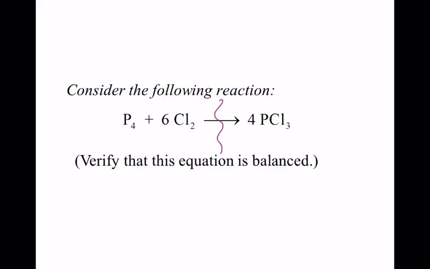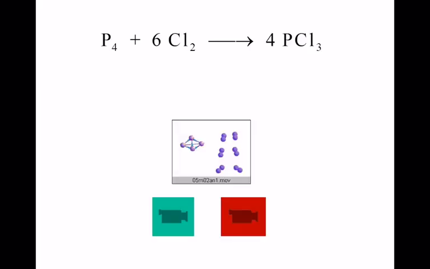If we look on either side of the reaction arrow, if you count P's and Cl's, you have 4 and 12 and 4 and 12. Because you can only do stoichiometric calculations if you have the right recipe, the right set of coefficients that balances it.